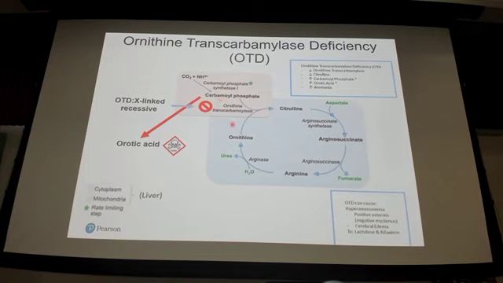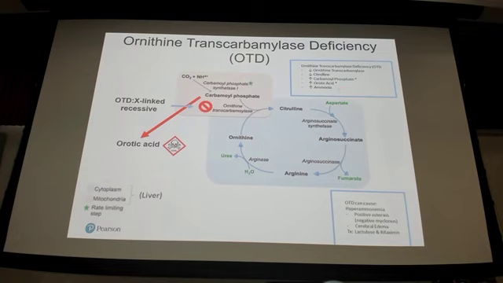So what happens in OTC deficiency, of course, ornithine transcarbamylase, citrulline will be decreased, carbamoyl phosphate will increase, and it will be converted to orotic acid, which is toxic. And then we will have hyperammonemia.